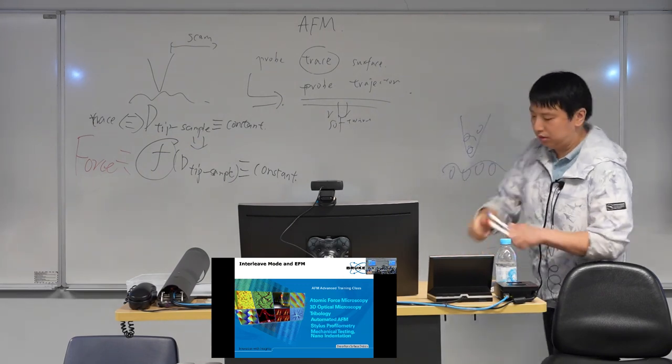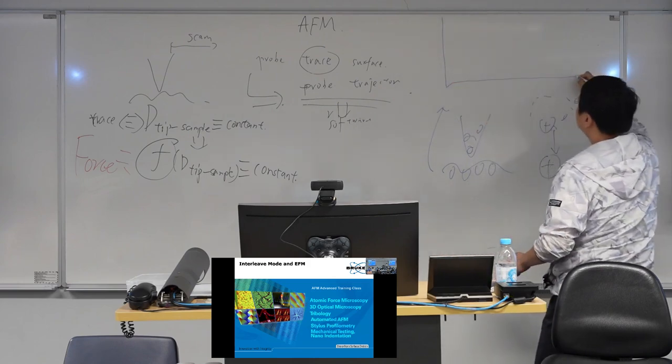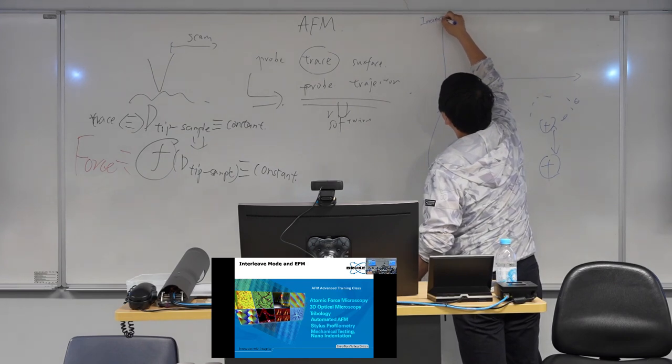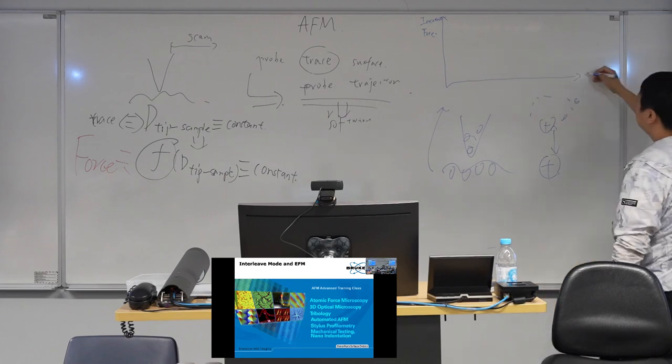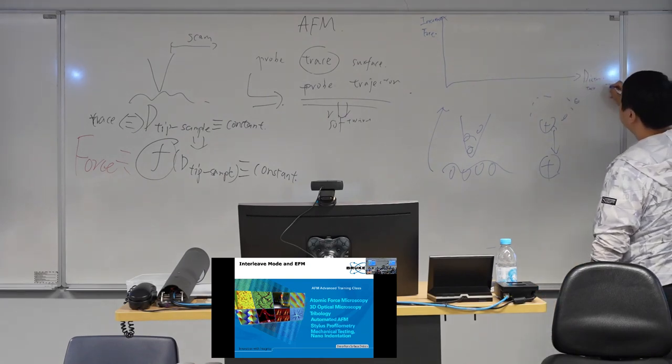It's quite important. So we can get an interaction force, and this is the distance between two atoms.